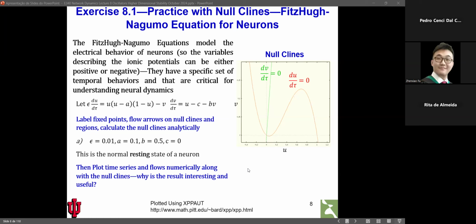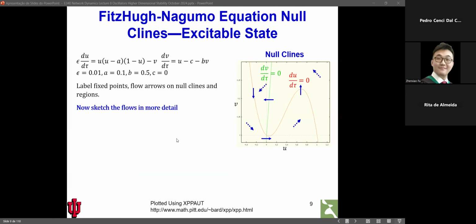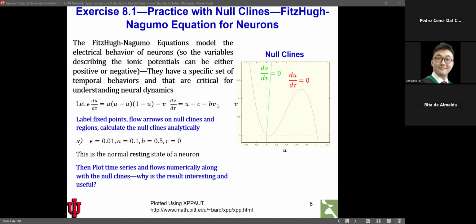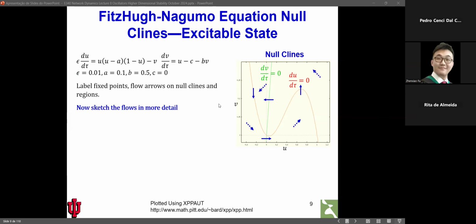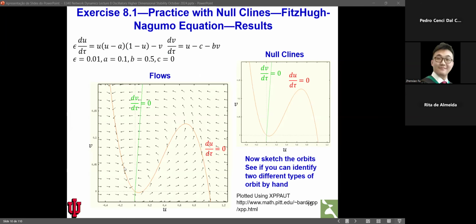So I'm just remembering what's happening. Here you have the nullclines, and you have drawn all the flow here, the direction of the flow. And when you do it in more detail with a script, you have something like this.